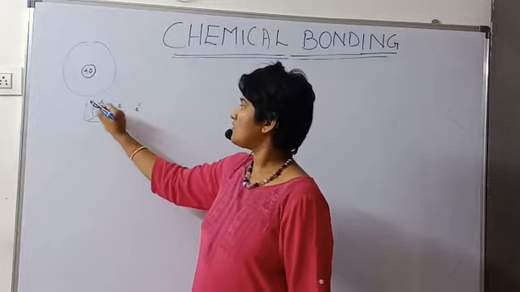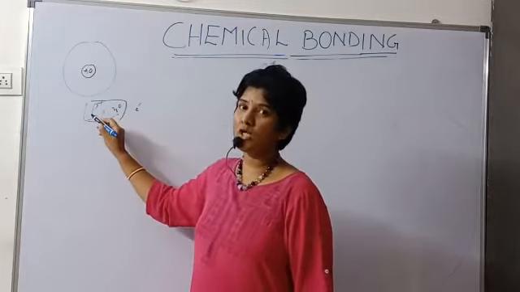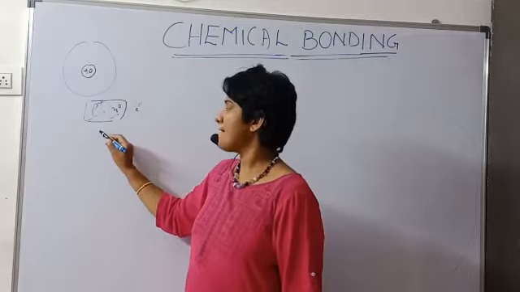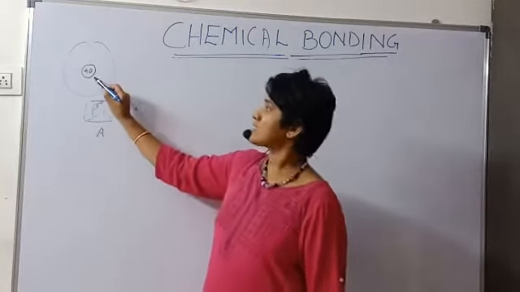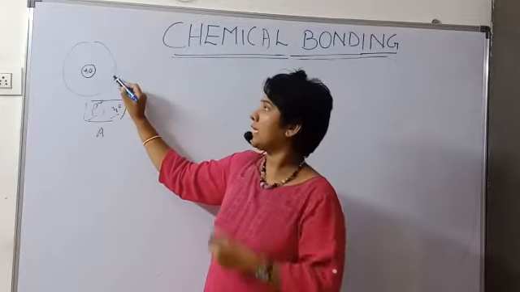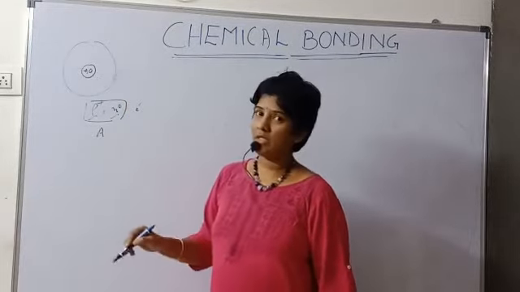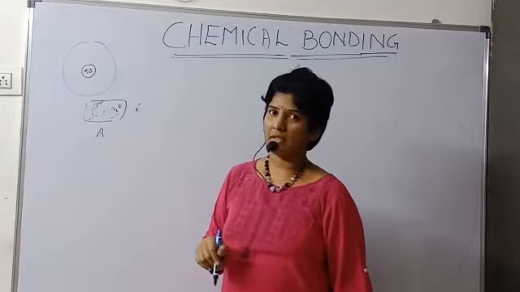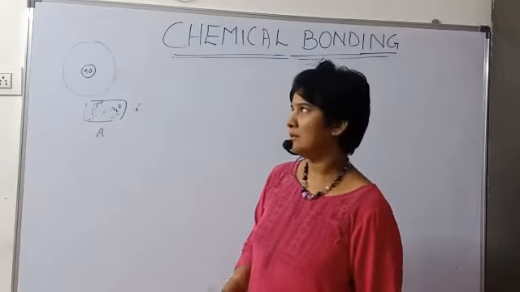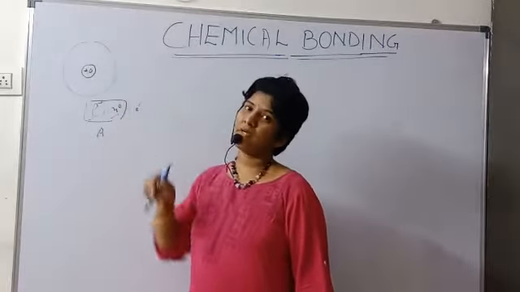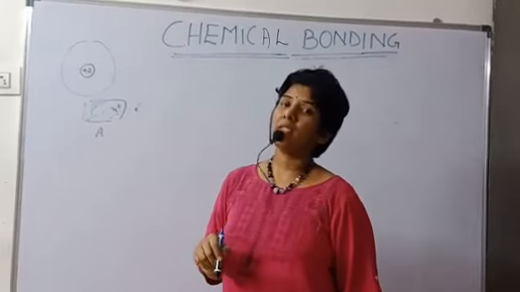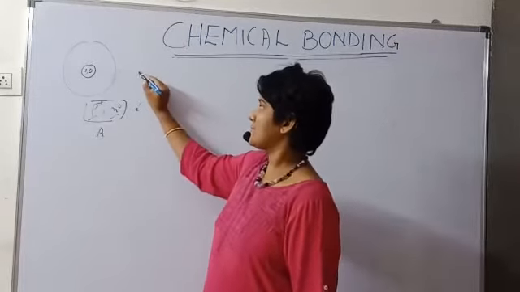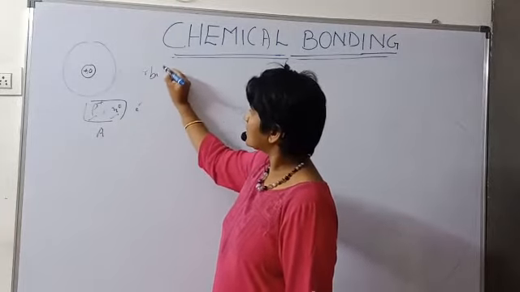Of course we know that the sum of protons and neutrons is the mass number. And around this spherical nucleus, the electrons are revolving in a circular path. The path is circular. Why? Because the nucleus is spherical. This circular path is known as an orbit.